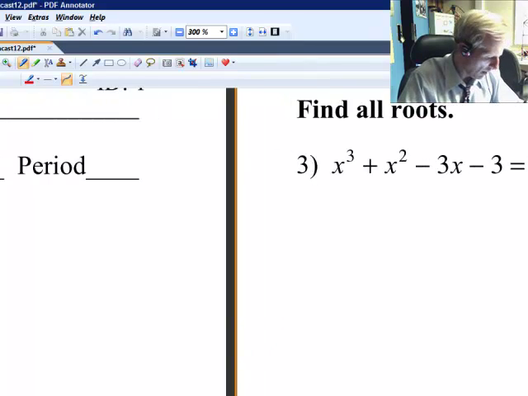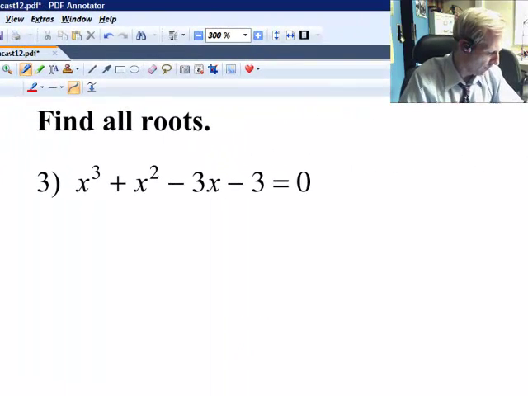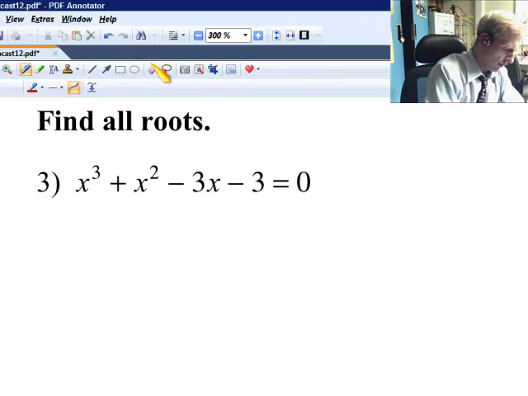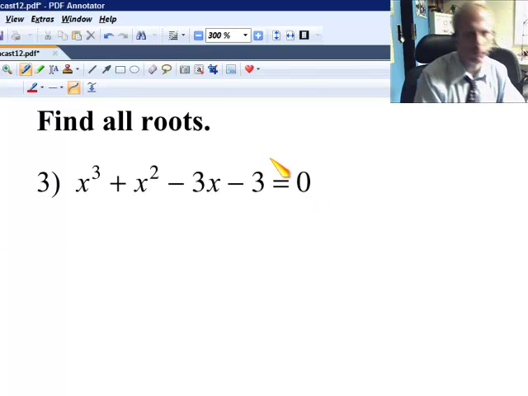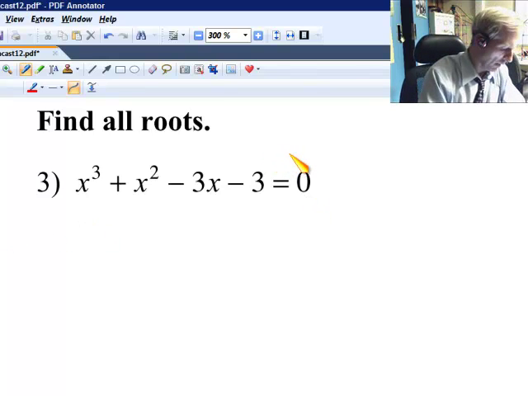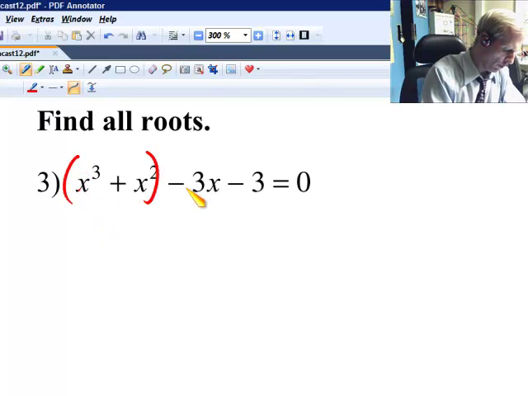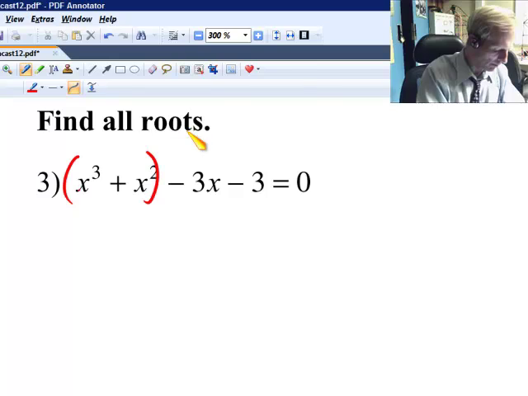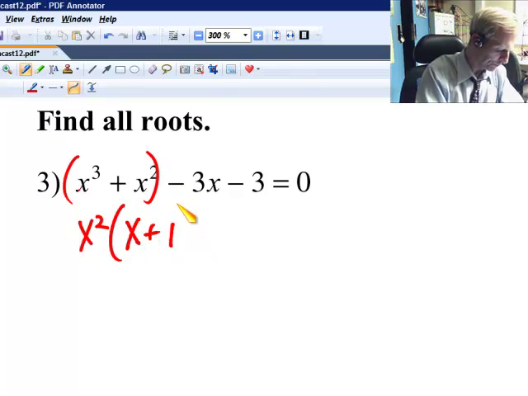Alright, now I'm asked to solve, let's see, a polynomial equation, and I can tell because there are 4 terms, I'm going to be solving by factoring by grouping first. So by factoring by grouping, I first want to factor the first 2 terms of the polynomial, and that's going to give me this.